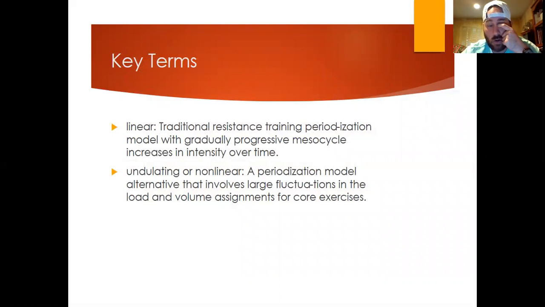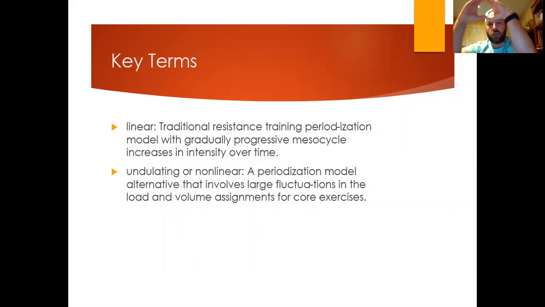So some of our key terms: you can do what we call linear periodization. That's a traditional resistance training periodization model with gradual progressive mesocycle increases. So it may be that we're going to do 4 sets of 10 at 50% for a week.